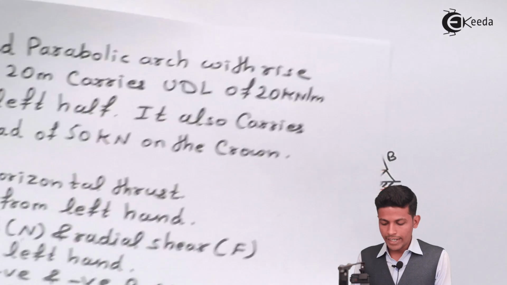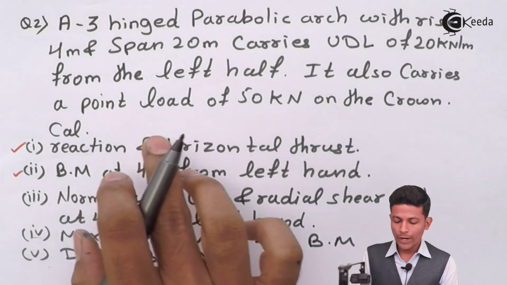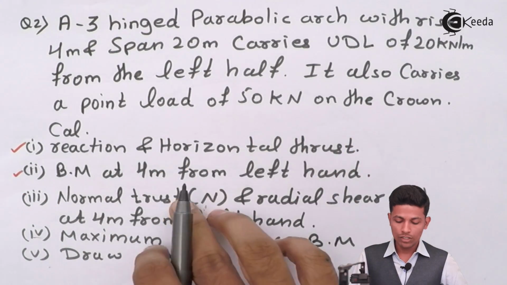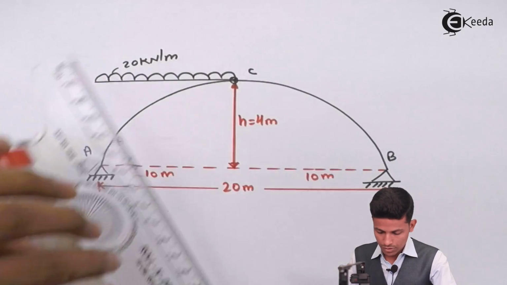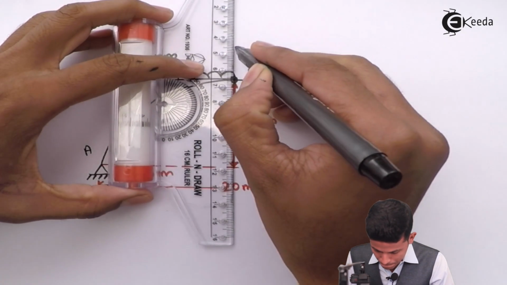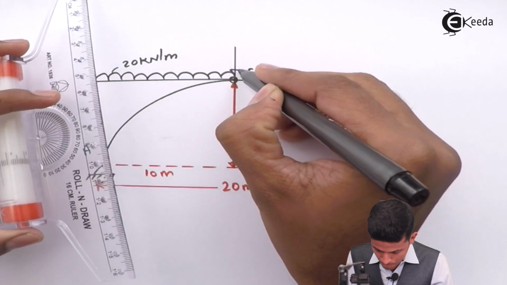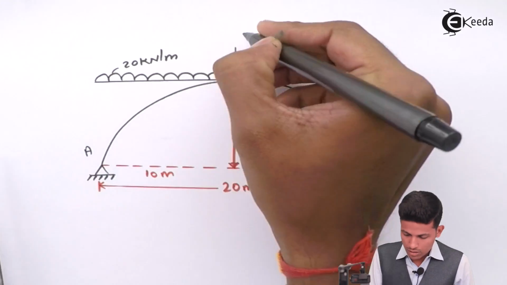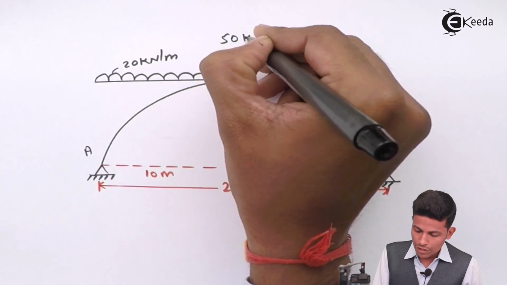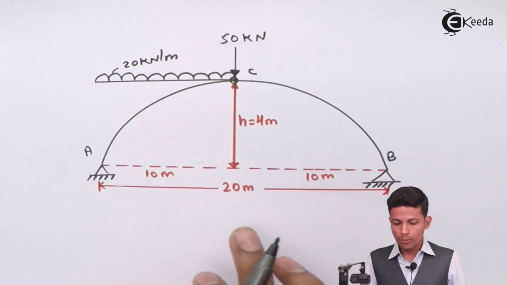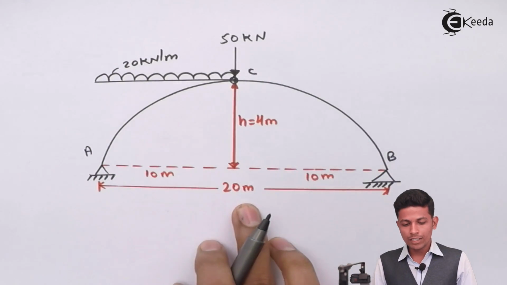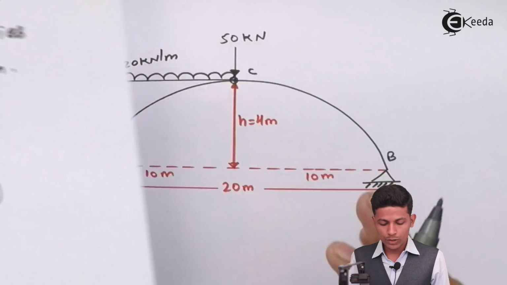After that, it also carries a point load of 50 kilonewton on the crown. So let me draw it. This is 50 kilonewton on the crown. H is 4 meter, span will be 20 meter, and this is A and B, and this one is C.